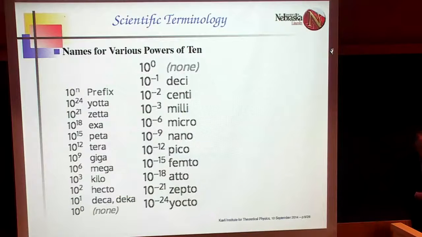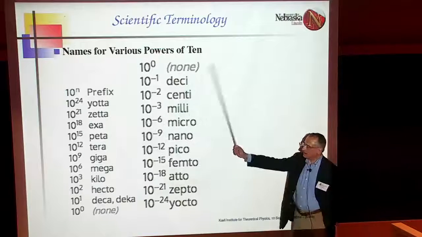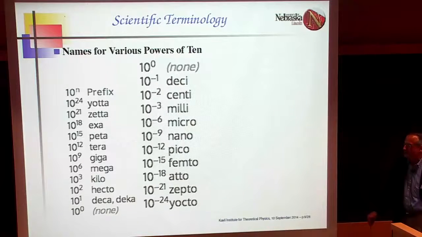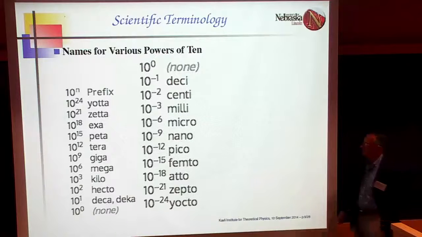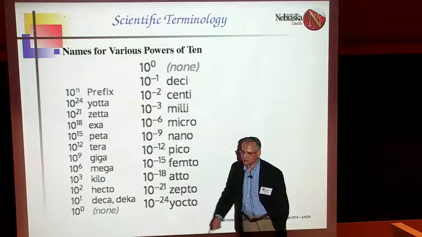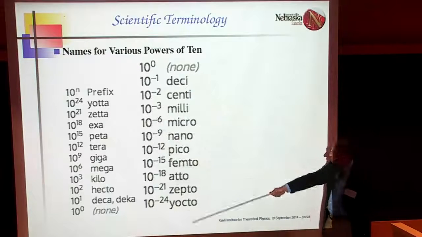Okay, so let's talk about terminology, because this talk is about Atto-Physics. This shows you all the Latin roots that are associated with powers of 10. These are big numbers, but my talk is about the ultra short, so I'm going to focus on these small numbers.